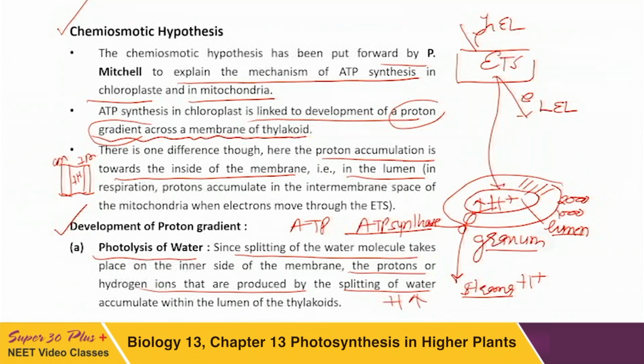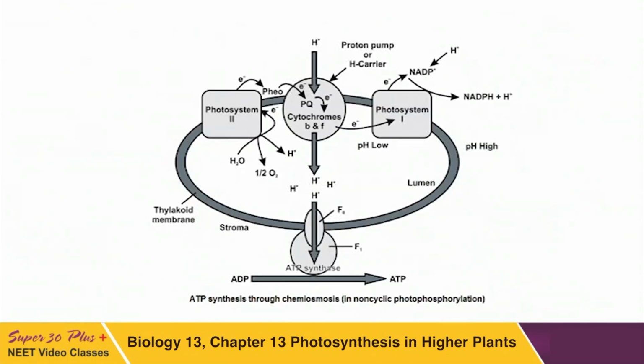You see in this diagram, this is the grana, this is the lumen of the grana, this is the outer membrane, and this is the inner membrane, and this is the lumen. Towards the inner side of the thylakoid membrane is photosystem second, what I told you right now. Here photolysis of water will take place.